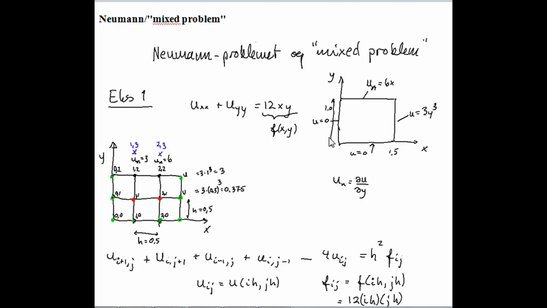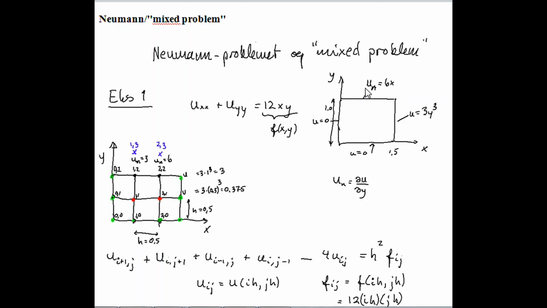We also assume the following boundary conditions. On the left side we have u equal to 0, u equal to 0 on the bottom, and on the right-hand side u is equal to 3 times the cube of y. So on these three sides we use just a Dirichlet condition, but on the top, on the other hand, we now use a Neumann condition.